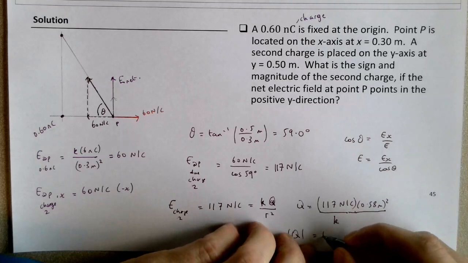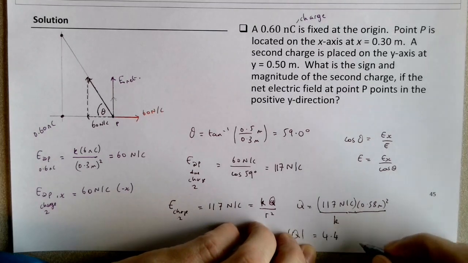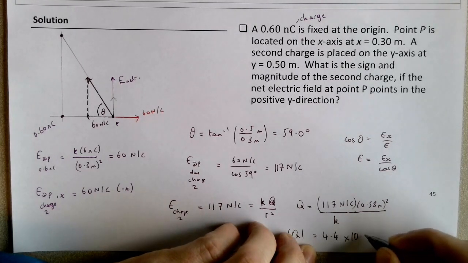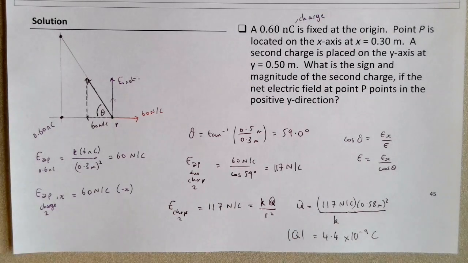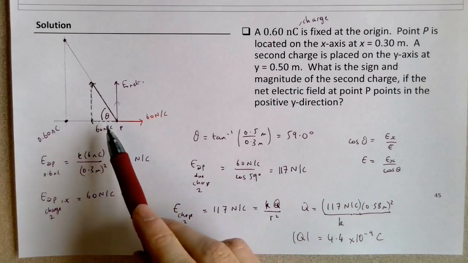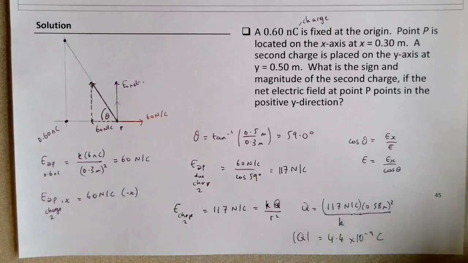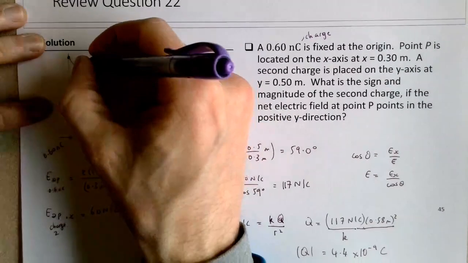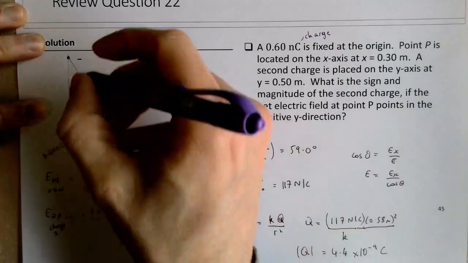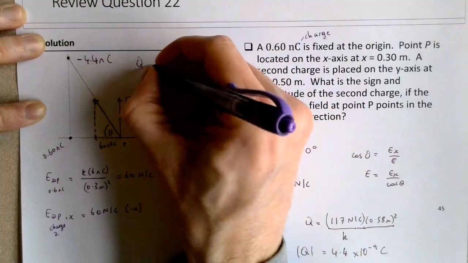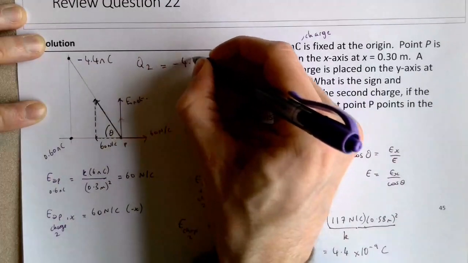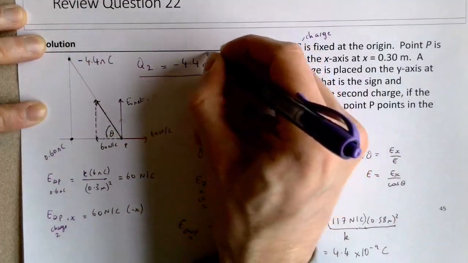I end up with 4.4 times 10 to the minus 9 coulombs, and so that's the correct magnitude. In order for the field at point P to point toward that charge, what we have up here is a negative 4.4 nanocoulomb charge. So Q2 is equal to negative 4.4 nanocoulombs.